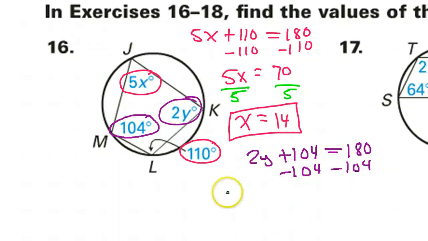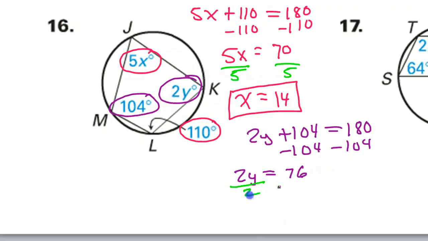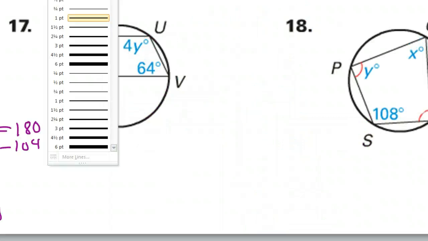Subtracting 104 from both sides, that gives me 2y is equal to 76, right? And then I'm going to divide both sides by 2. So y is equal to 38. So those are the answers to number 16.